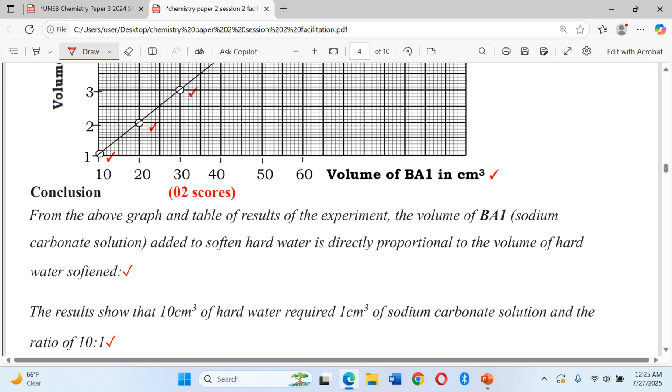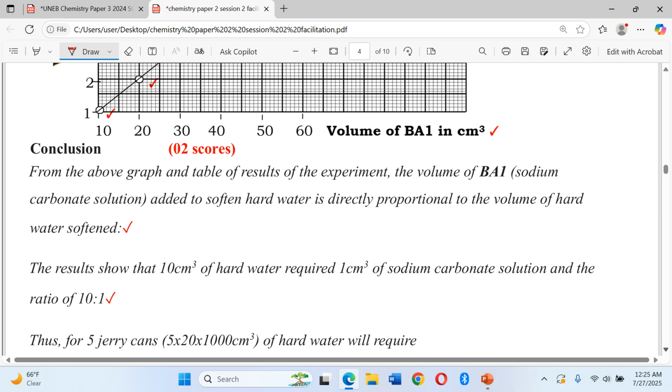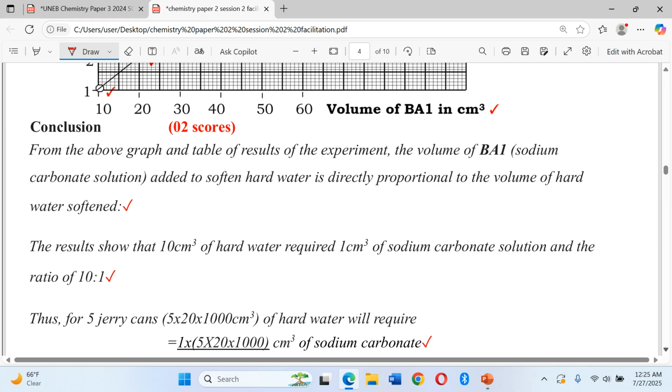But for the last, we are looking at how many liters, because there are 5 jerrycans, each jerrycan carrying 20 liters. Now, from our table, each 10 cubic centimeter of hard water required 1 cubic centimeter. The research showed that 10 cubic centimeter of hard water required 1 cubic centimeter of sodium carbonate, which means it is a ratio of 10 to 1.